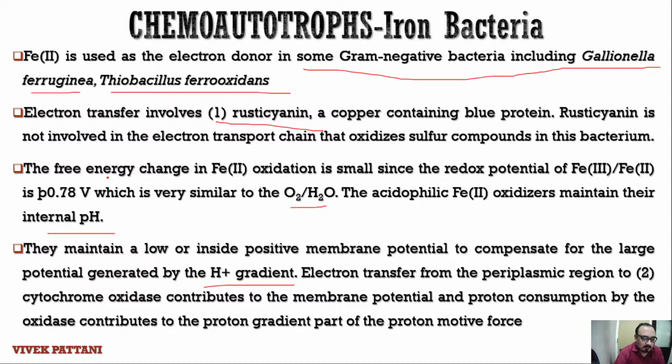The electron transfer from the periplasmic region to the cytochrome oxidase contributes to the membrane potential, and the proton consumption by the oxidase contributes to the proton gradient, part of the proton motive force.